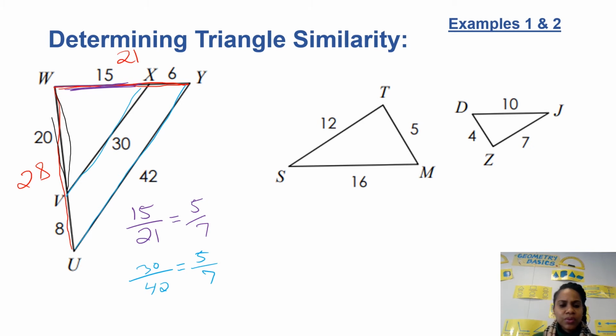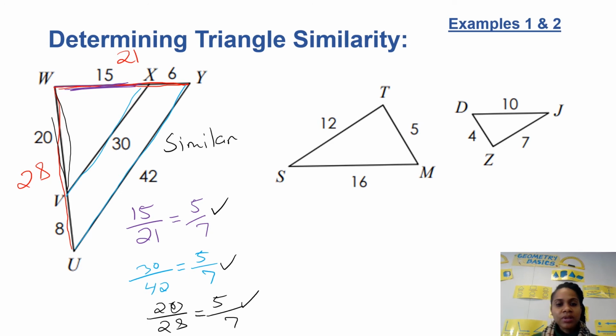So that would be 20 over 28. Reduce that. They're both divisible by 4. So we're just reducing the fractions here. And they all reduce to the same thing, 5/7. And so these sides are proportional. So yes, we could say that these triangles are similar using the side-side-side similarity.